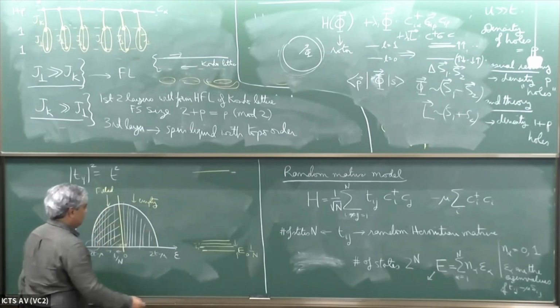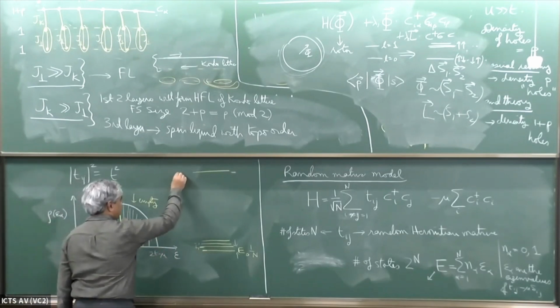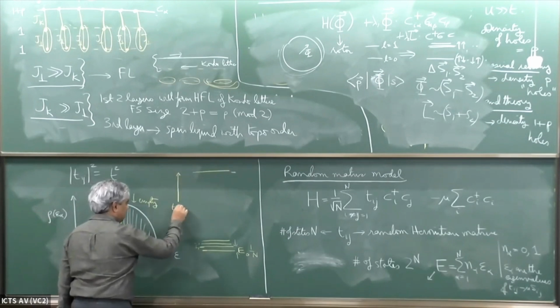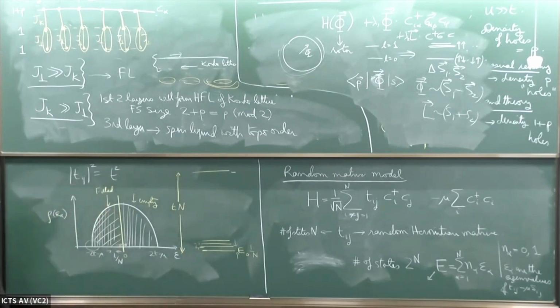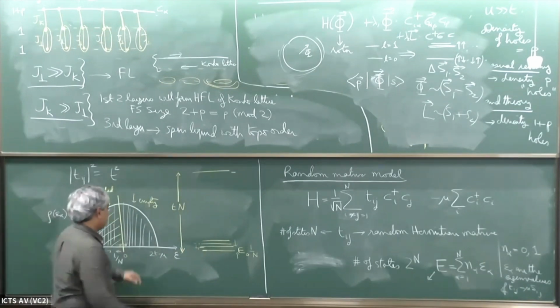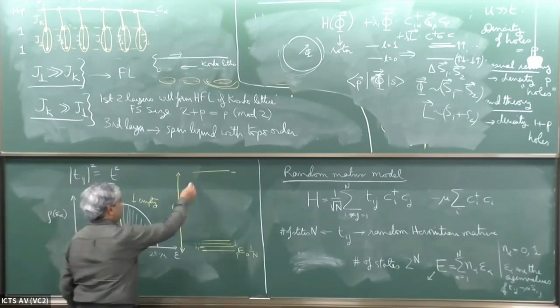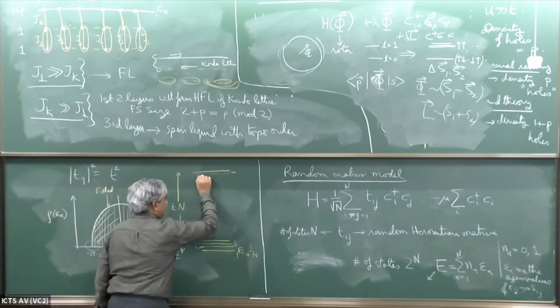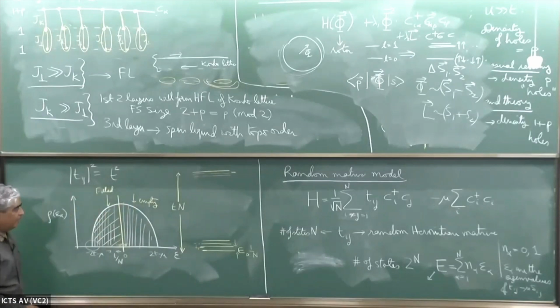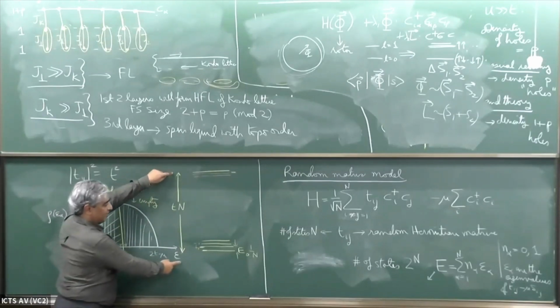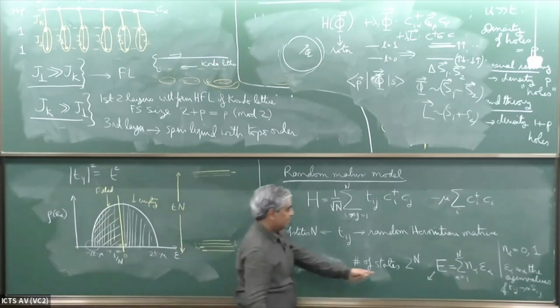Roughly the bandwidth will be some factor T times n, so the bandwidth is of order Tn. In fact, the whole thing is particle symmetric, so up here too you'll have some very large spacings of order 1 over n. The bandwidth is Tn, and the number of states is 2 to the n.